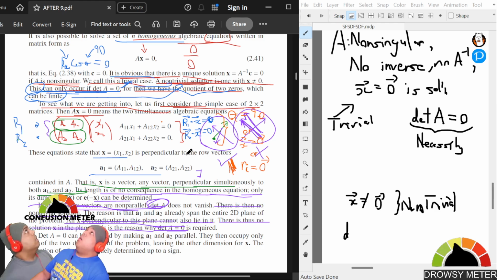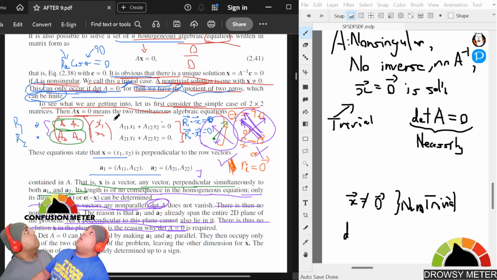Show that this is perpendicular to this. That is, x is a vector, any vector, perpendicular simultaneously to both a1 and a2. Its length is of no consequence in a homogeneous equation.